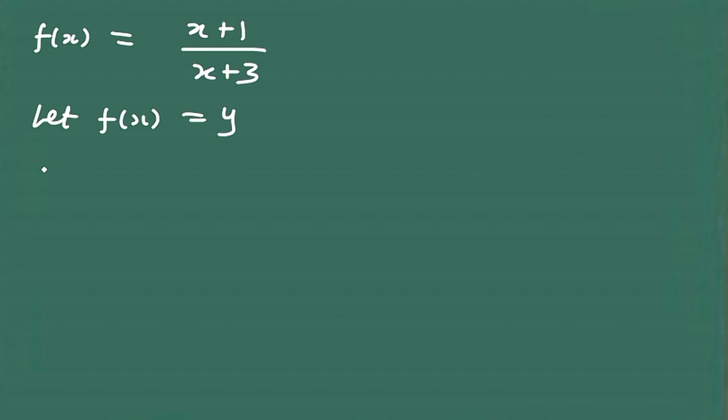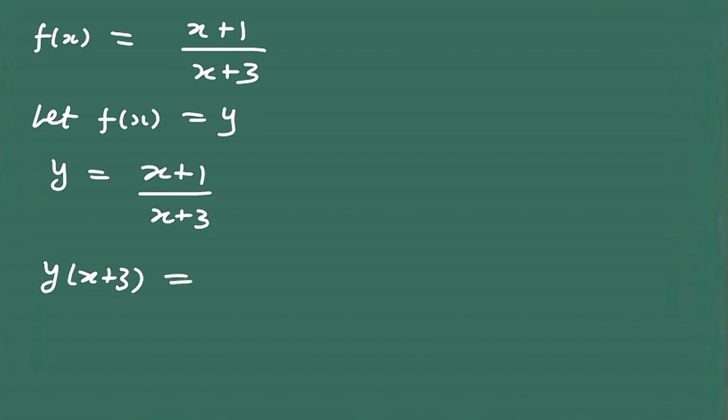Alright, so this means that y equals x plus 1 all divided by x plus 3. Okay, now to interchange the variable, we cross multiply, which will give us y times x plus 3 equals x plus 1. And expanding this bracket, we are going to have xy plus 3y equals x plus 1.